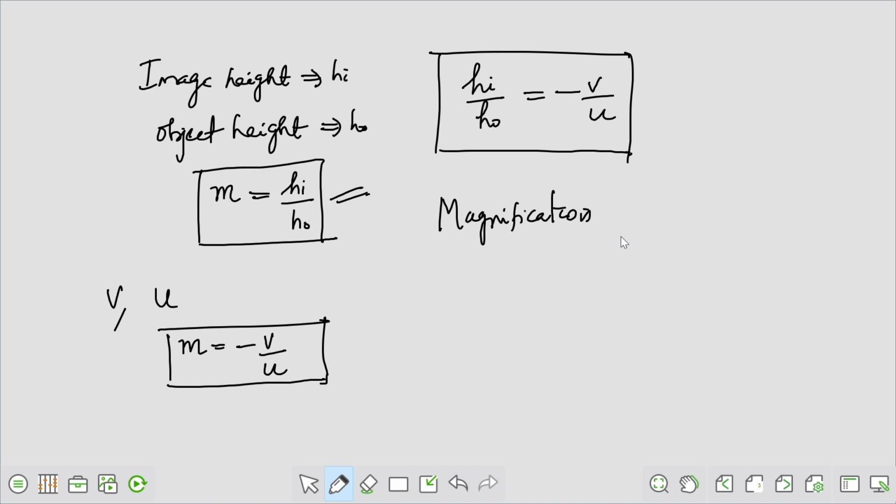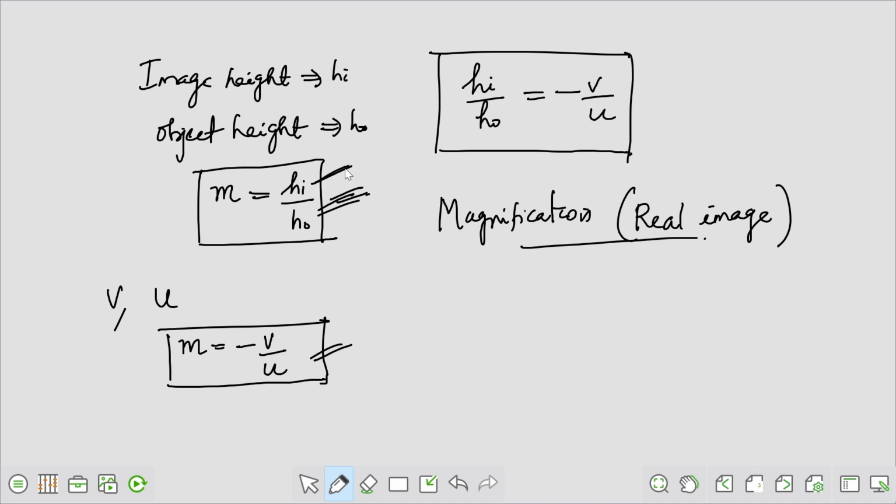So we get real images as well as virtual images. Now let's see what will be the sign of magnification if the image formed is real. You can use either formula to get the sign. I'm using the first one.